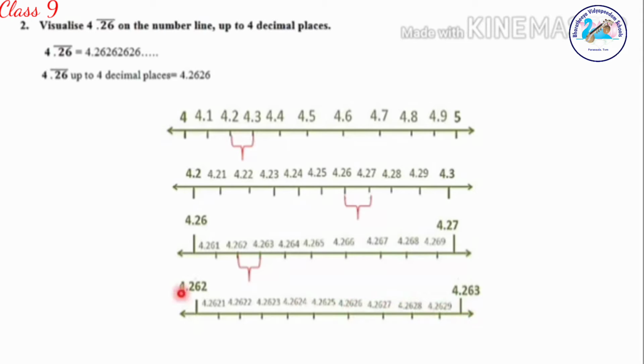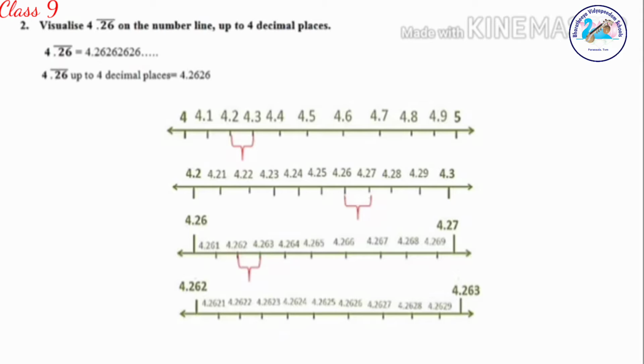We have started our number with 4.262, so the next number is 4.2621, next is 4.2622, 4.2623, 4.2624, 4.2625, 4.2626, 4.2627, 4.2628, and finally 4.2629. So we have divided all the points.